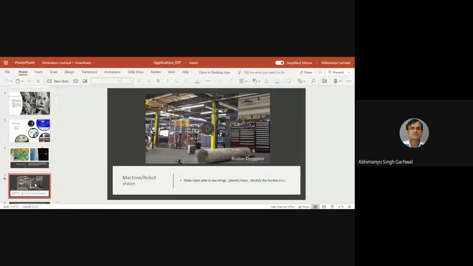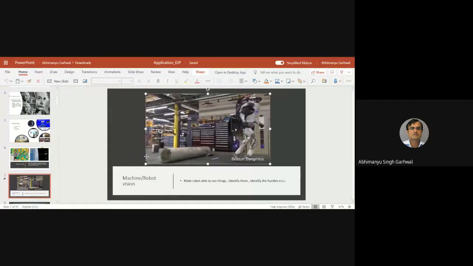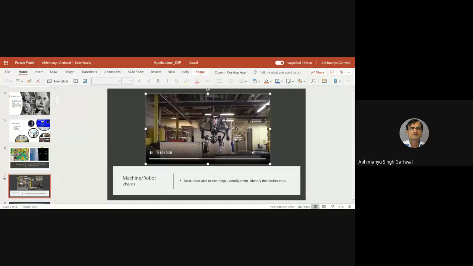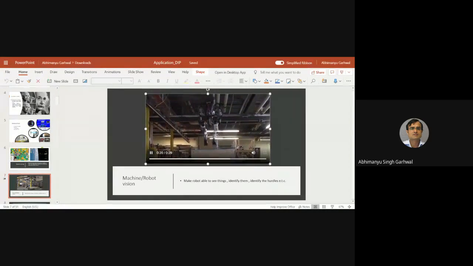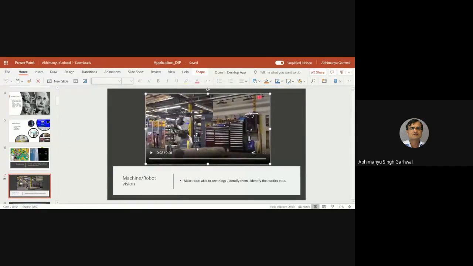Another interesting application is machine and robot vision. If you see this video, what this robot is doing is identifying this hurdle through an image, and in the background an image processing and artificial intelligence algorithm runs, and according to the object's height and length, it directs the robot to jump or take the next step.